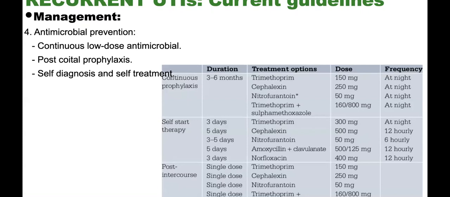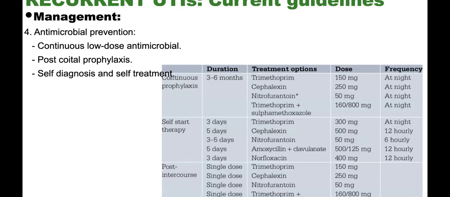So continuous low dose antimicrobials, these are given to patients on a long-term basis, between 3 to 6 months. These antibiotics should be given based on the urine MCS results. And the only issue with this is that after you've given the antibiotics for that long period of time, there's no actual preventative measures after.